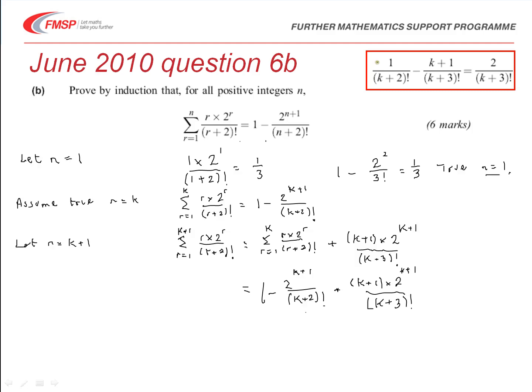So we can use this result to simplify this fraction here. And so this will become 1 minus, and so the 2 to the k plus 1 is the common factor. And what we end up with in here is going to be 2 over k plus 3 factorial.